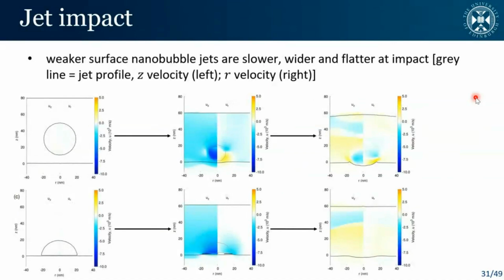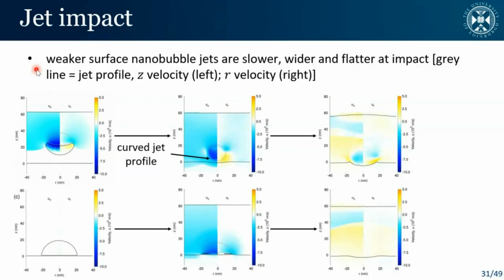So you might be thinking why that's the case, because the surface nanobubbles are closer to the surface. You might think that jet impact would be higher. We can look at the velocity fields going on during this collapse. If you look at the spherical bubble first, we have a z component velocity, normal to the surface, on the left, and a radial component velocity on the right.